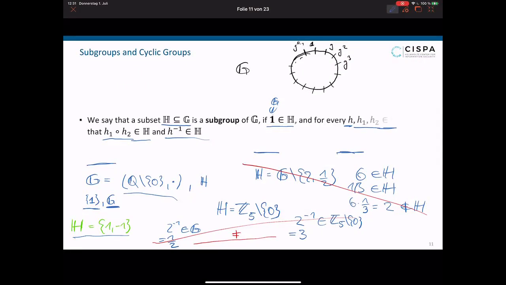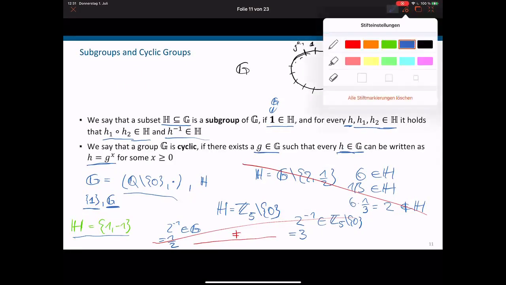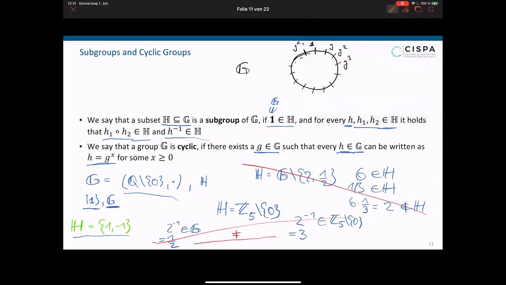For instance, let's quickly make another subgroup of this. Let's use another color. It could, for instance, be the following: we just take the set of 2 to the i, where i is in Z. That's obviously a multiplicative subgroup.